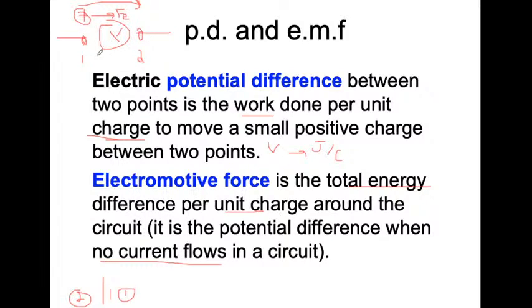And usually we have some resistor or some lamp that we're going to measure that potential difference across. Okay, this is one of the trickier parts of this topic, so don't get too hung up on it. Watch some extra videos on this if you want, or just kind of memorize what's here.